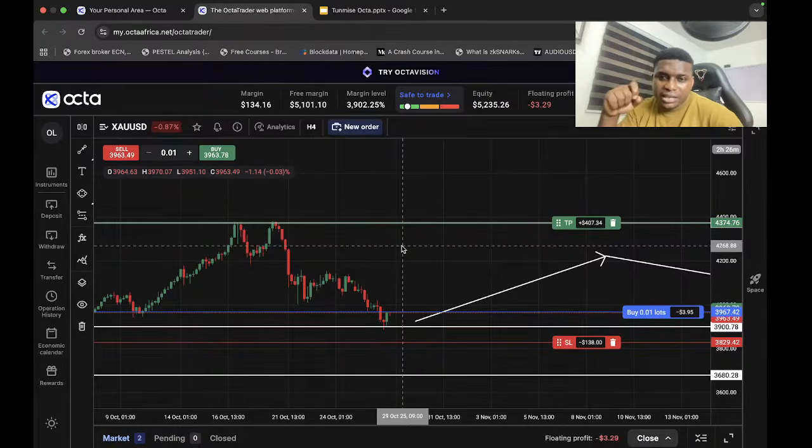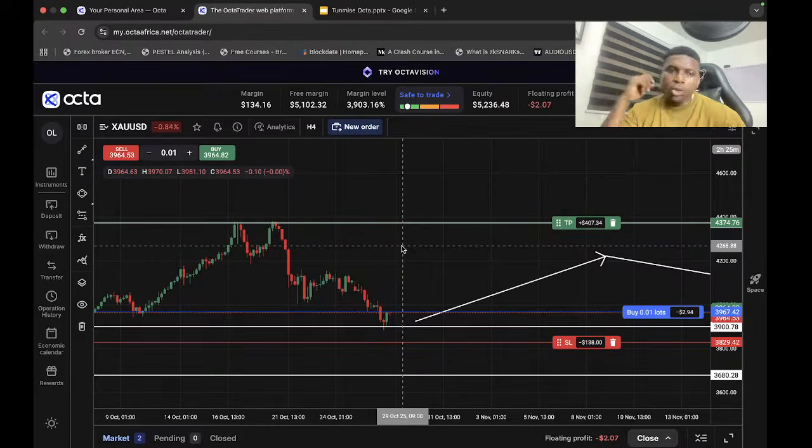But if the Fed cuts interest rates, you will see the gold market spike to the upside, because now investors will look to take their money from the fixed income market where the interest rate is low to another market where they can hedge against inflation and also make decent money.